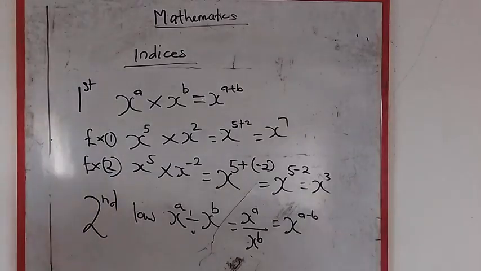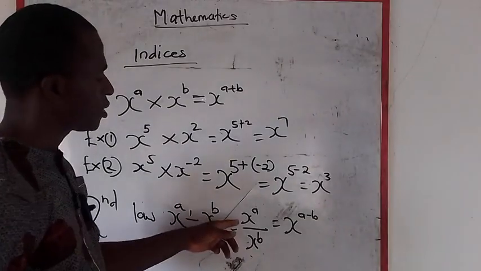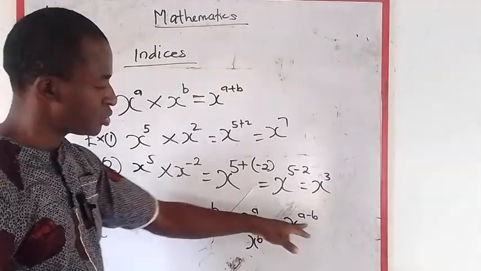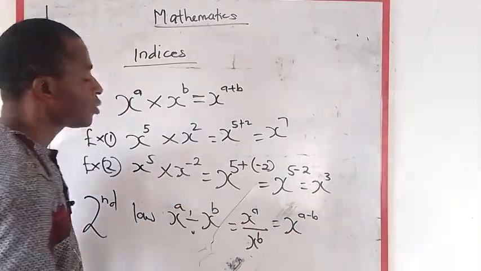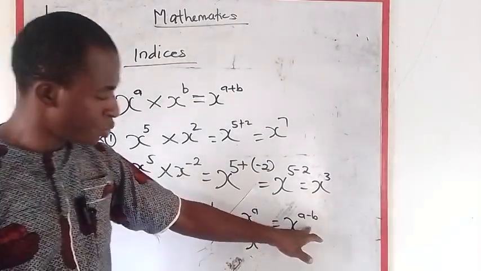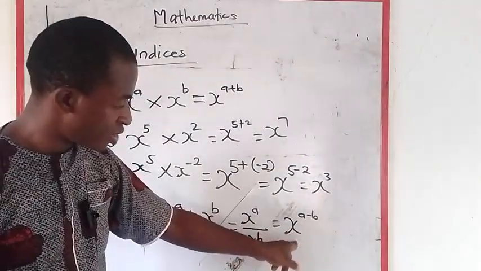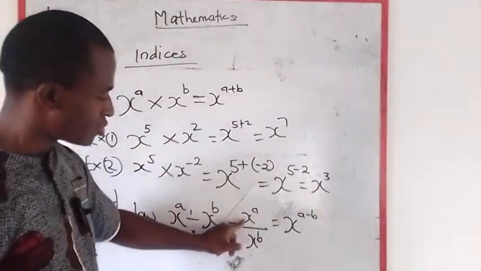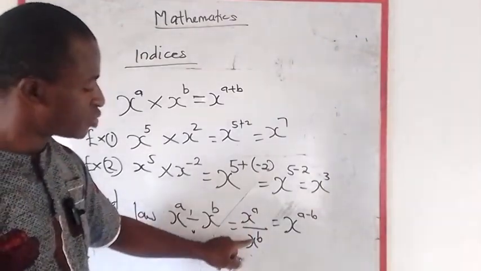There's something I want to bring here. There are so many people that know that the second law of indices is equal to this, but they always forget that x raised to power a minus b is the same thing as x raised to power a over x raised to power b.